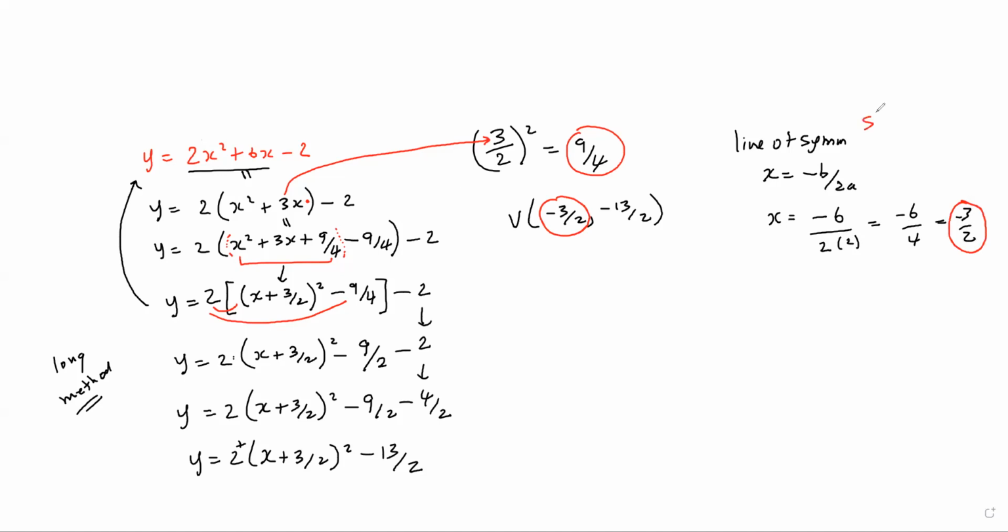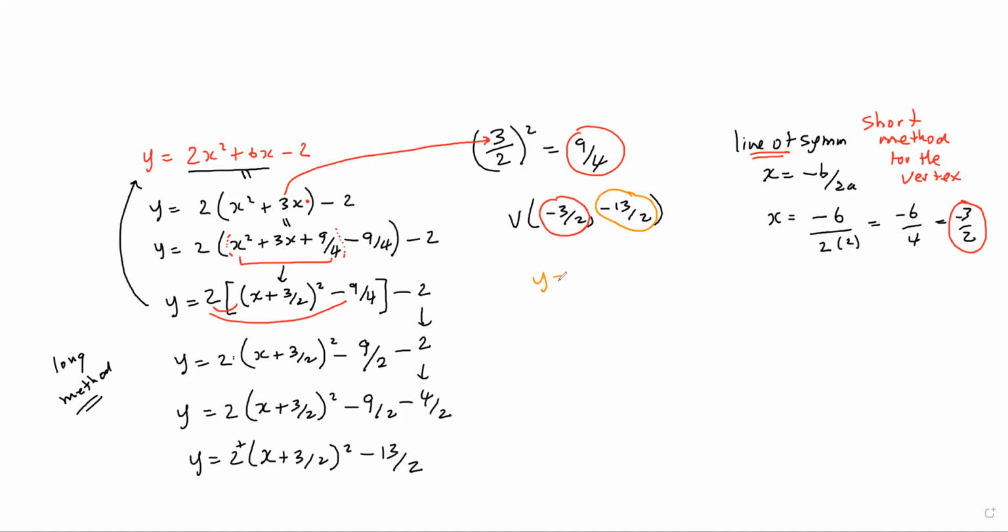So this is the short method for the vertex. And that happens to be the line of symmetry formula. So that gives you minus 3 on 2. Now, there is a formula for this one in your book, and I don't remember it, and I don't bother to learn it. So if you want to get this number here, what you need to do is put this number back into the equation.